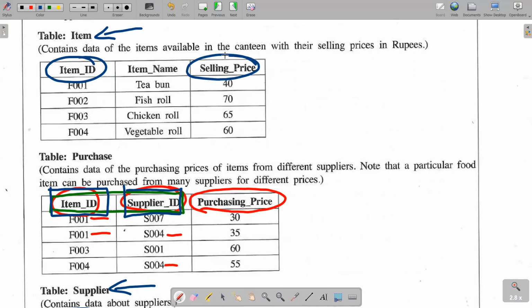As well as the purchasing price is over here, so the purchase table should also be updated, because both the selling price and the purchasing price got changed.